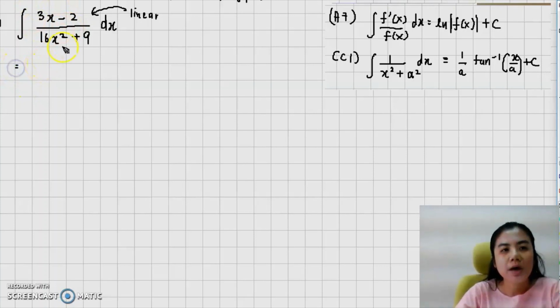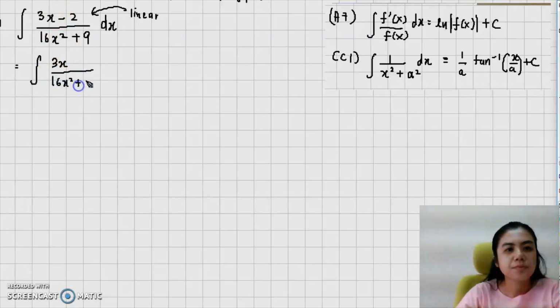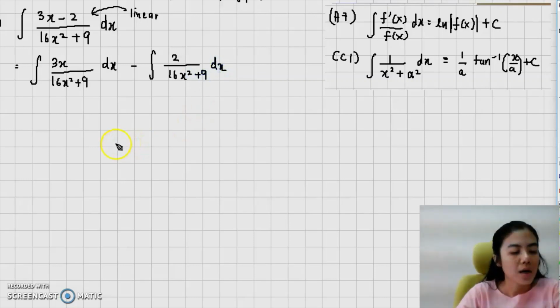What you have to do is split this into two different integrations. Just let the 3x become one integration, and the minus 2 become another integration.